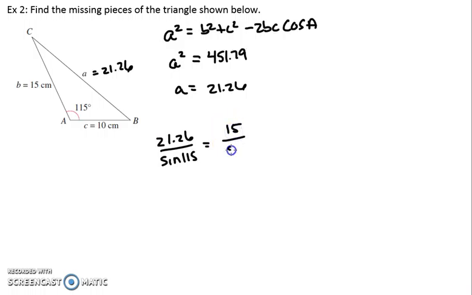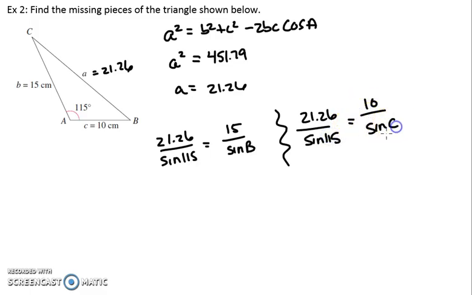We'd say 15 over sine of B. And then if we wanted to set up for C, we can say 21.26 over sine of 115 equals 10 over sine of C. And I'll leave that to you guys. Pretty straightforward. We've done it a few times. Finding B and C from there.